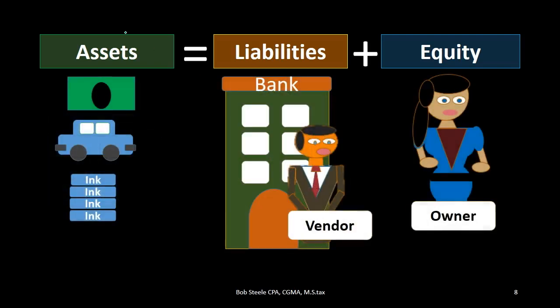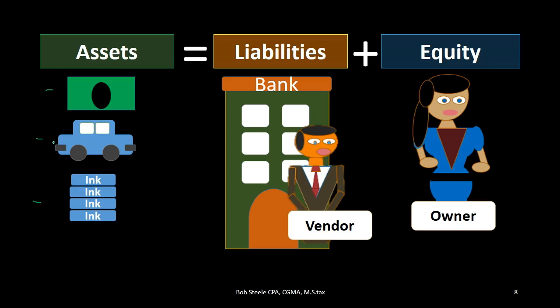Therefore, if we were to see those transactions and add them up, pictorially, we would say, okay, we still have some cash hopefully left over. We've got a car in terms of assets. We've got ink. And note we would have a dollar amount attributed to those. We're not going to say that we have 1 car when we talk about the accounting equation. We're going to say we have so many dollars worth of carness.